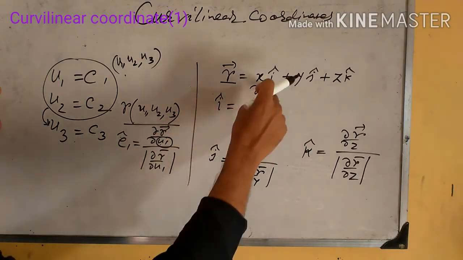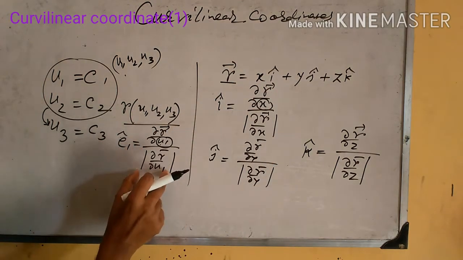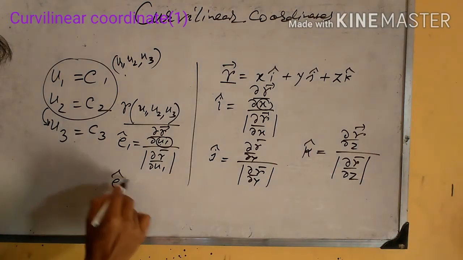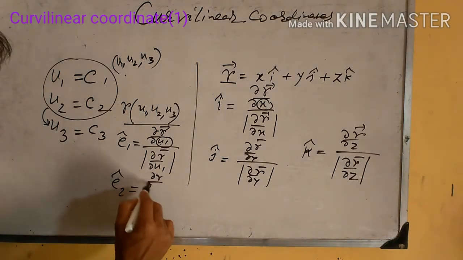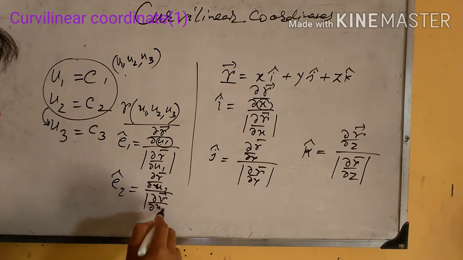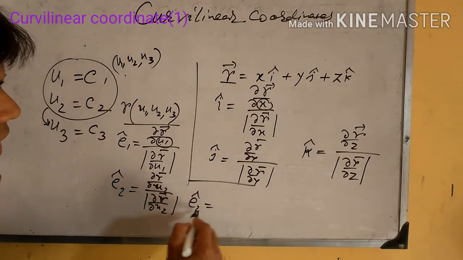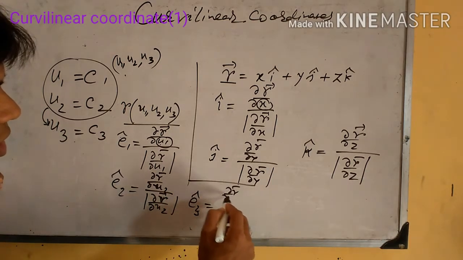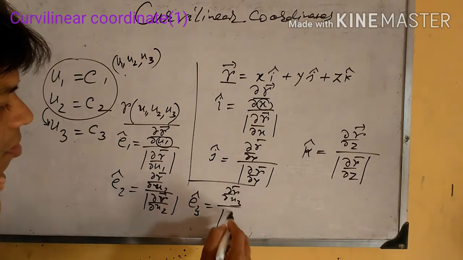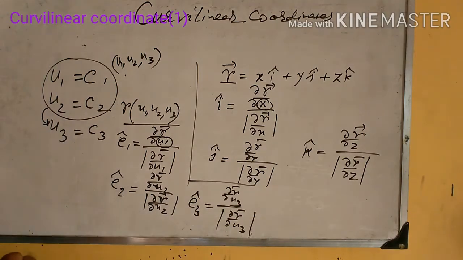So if i cap is given in such a way, similarly E1 cap is written. E2 hat is del R by del U2 divided by the mod of del R by del U2, and E3 cap is equal to del R by del U3 divided by the mod of del R by del U3. These three equations are written in such a way.